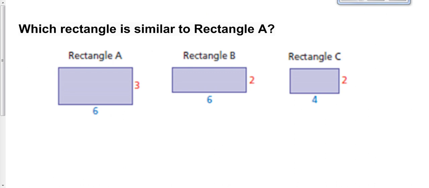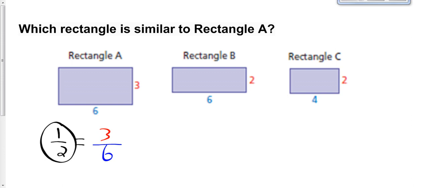Let's go into some more examples. Which rectangles are similar? If you look at 3 over 6, there are a lot of different ways of doing this, 3 over 6 is 1/2. So the ratio of the short side to the long side is 1/2.